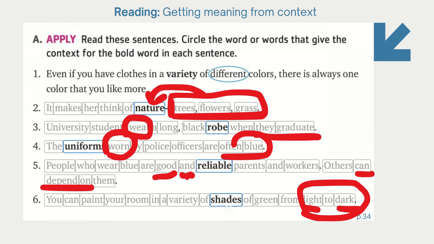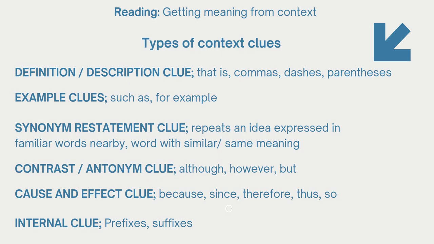So not only guessing the meaning from context, there is another vocabulary technique which helps you understand or guess the meaning of a word from the reading or from the sentence. That is the context clue.